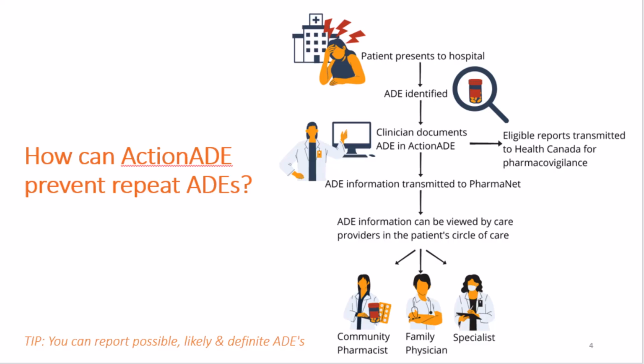Because of these limitations, many ADEs never make it into PharmaNet. As a result, important information isn't always shared between healthcare providers, which increases the chance that a patient could accidentally be prescribed or given a medication that has previously caused them harm.